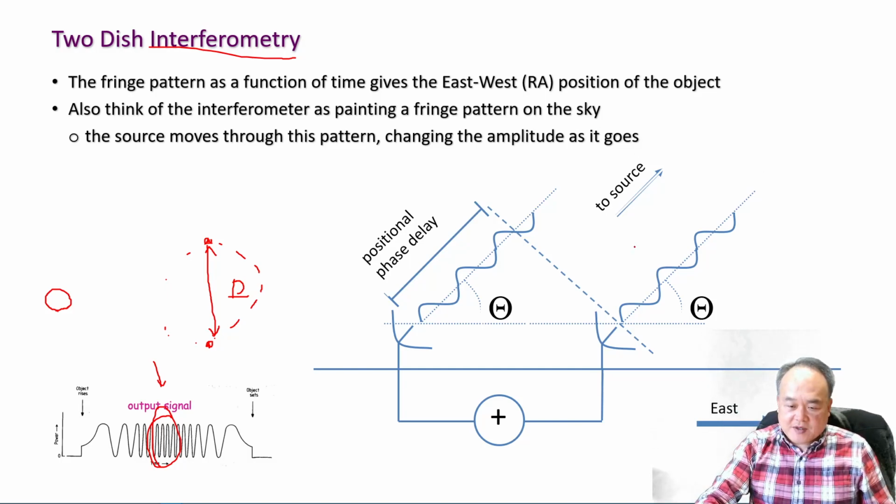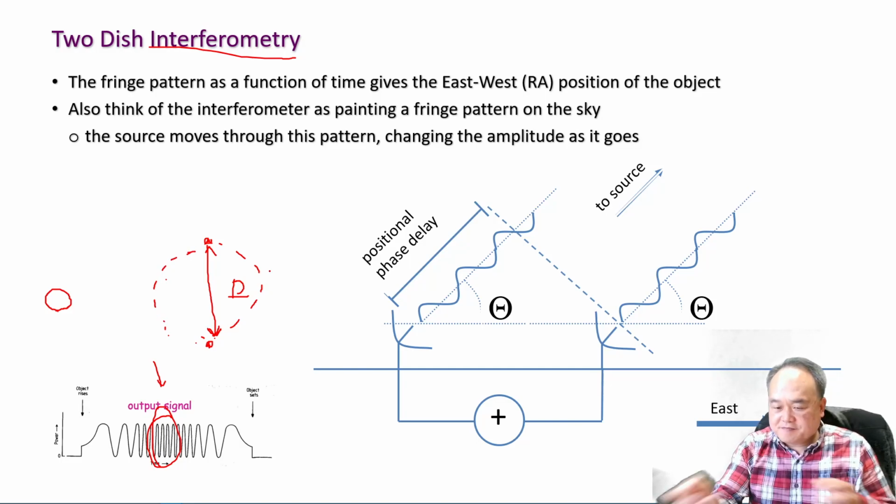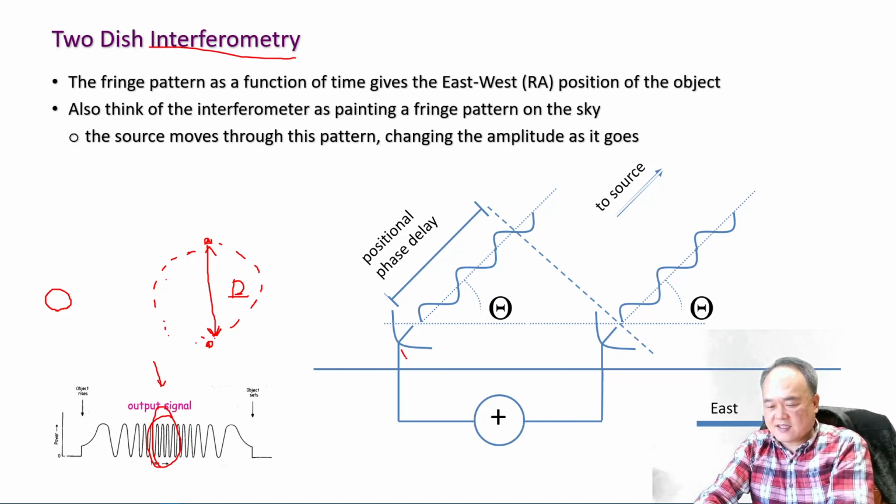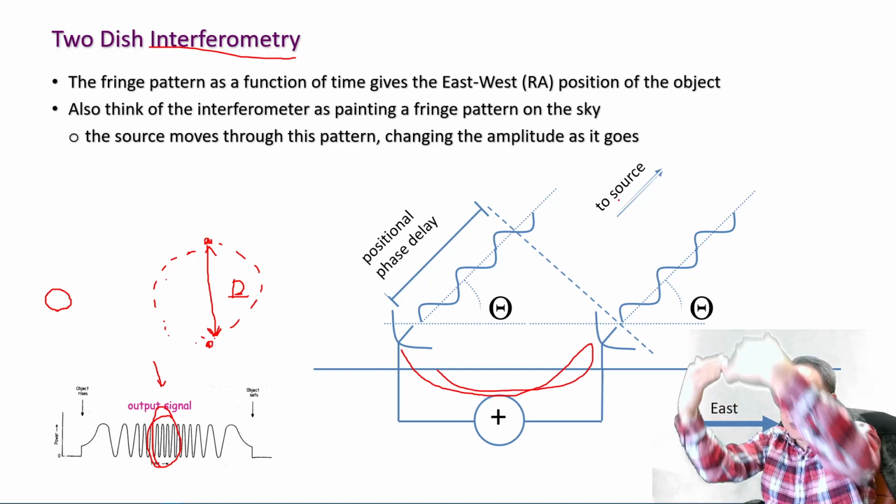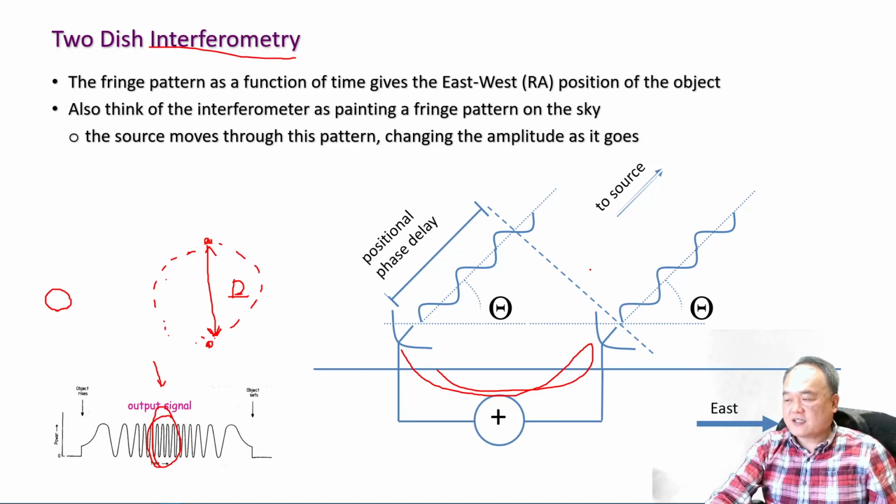This effective size that defines the artificial larger telescope, the D, is the effective separation of the two telescopes, which is the separation on the ground projected onto the sky plane toward the celestial object.